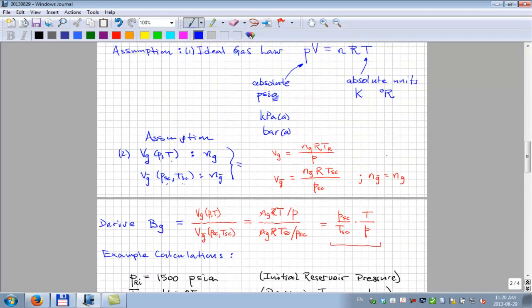If we relax this assumption here, and instead we just define a term FG as how much of the initial gas we start with actually ends up being surface gas. Okay? And what you'll find is that this term FG will in fact be a pressure dependent function.